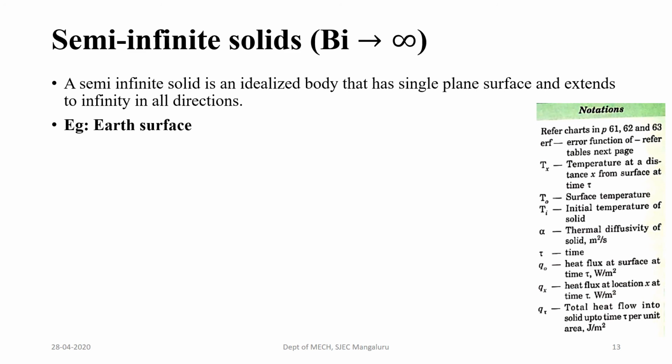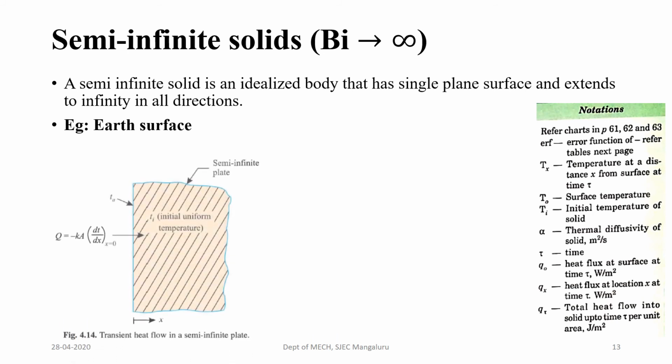Beyond that depth, any changes in the surrounding temperature will not affect the inner temperature of the Earth, and we cannot consider the thickness of the Earth, it is too large. So any solid body with very high thickness will behave like a semi-infinite solid. Since the thickness is very high, L tends to infinity, Biot number is hLc by k, so Biot number also tends to become infinite.